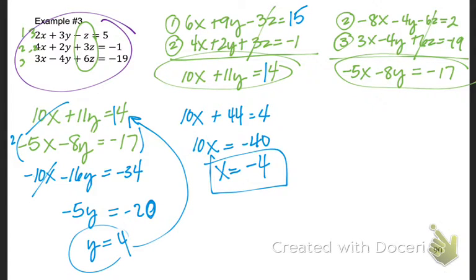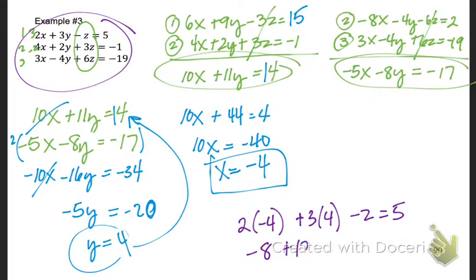Let's just choose the first one, so 2x, which would be -8, plus 3y, which would be 12, minus z equals 5. So 4 minus z equals 5.